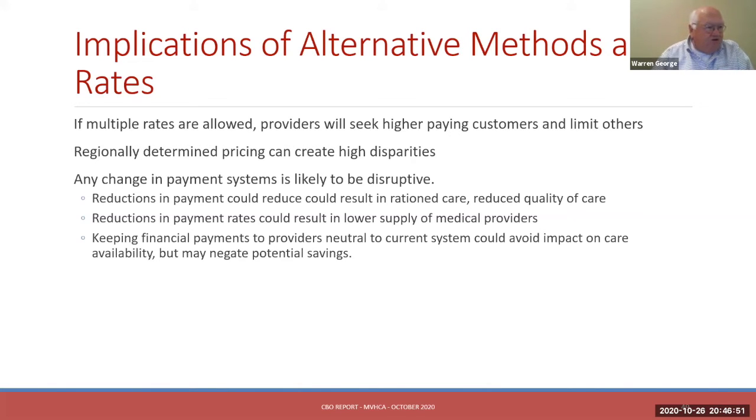The CBO notes that any change in payment system is likely to be disruptive. Reductions in payments could result in rationed care and reduced quality of care. Reductions in payment rates could result in a lower supply of medical providers. Keeping financial payments to providers neutral could actually avoid any impact on availability, but it would also, of course, negate the potential savings from providers not having to do the billing.